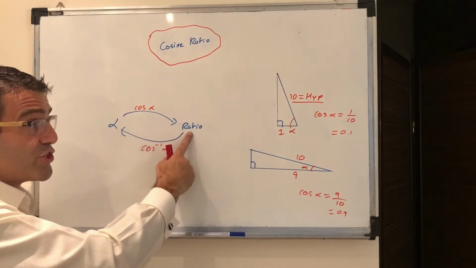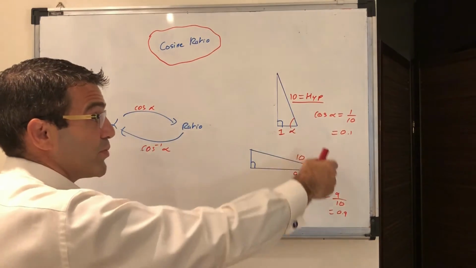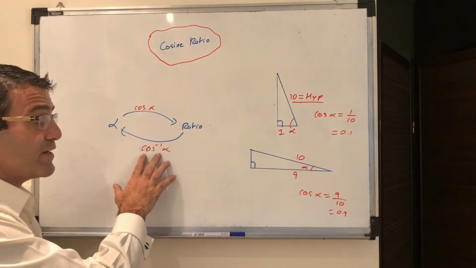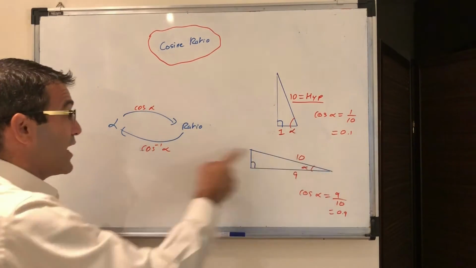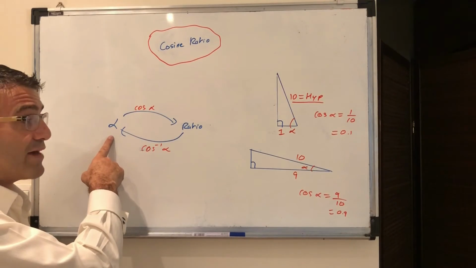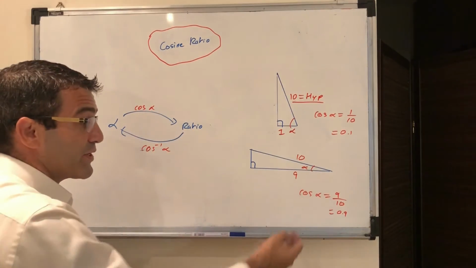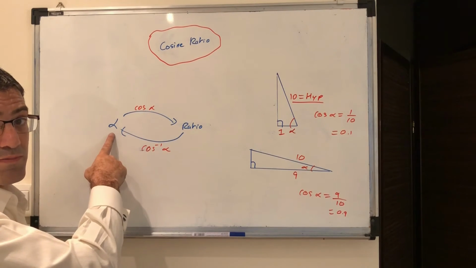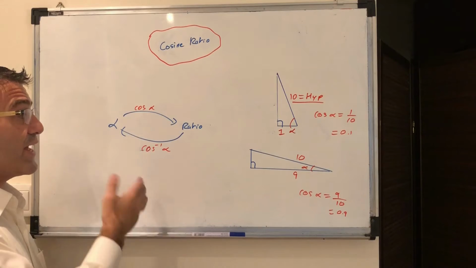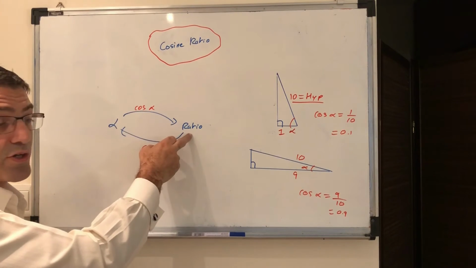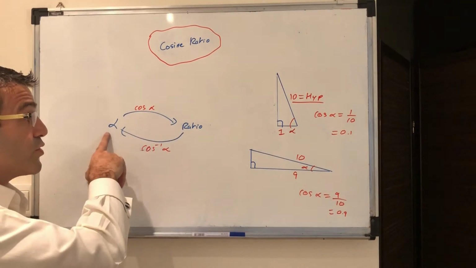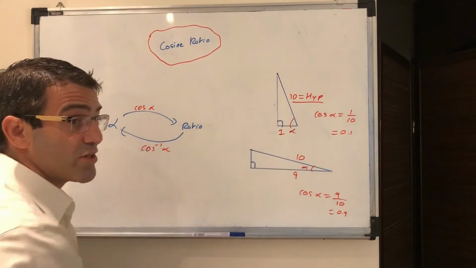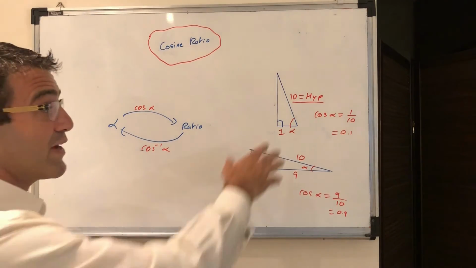So if you have a ratio, like you know that the cosine is 0.1 and you'd like to know what this angle is, well, you type in your calculator inverse cosine 0.1, and then you'll know what angle you actually have. Or if you have a ratio which is 0.9, you do inverse cosine 0.9 and you'll know what the angle was. If on the other hand you have an angle like 60 degrees and you'd like to know what cosine ratio that should be, you do cosine 60 and then your calculator will tell you cosine 60 is a certain percentage, and you can use that to try and find some sides.